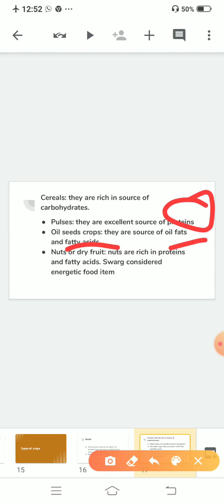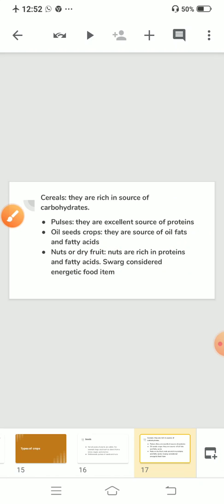Nuts and dry fruits are rich in protein and fatty acids. Clear? Yes, first, cereals are rich in carbohydrates, pulses are rich in proteins, oil seeds are rich in fats and fatty acids, nuts and dry fruits are rich in proteins and fatty acids.